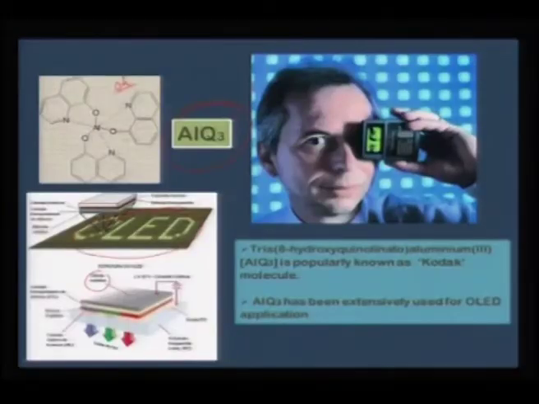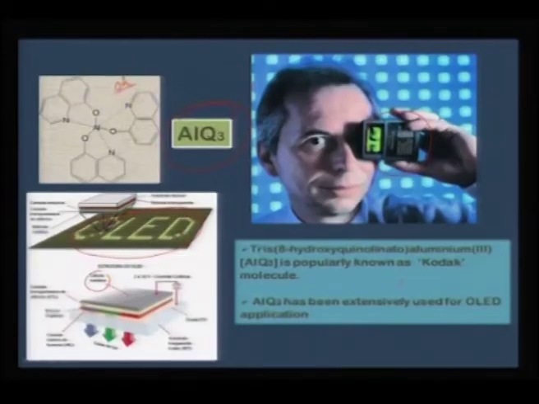What you see here is nothing but the applications of AlQ3 into a variety of electronic displays, including TVs, cameras and many other display devices, where both small and large area can be attempted using this.